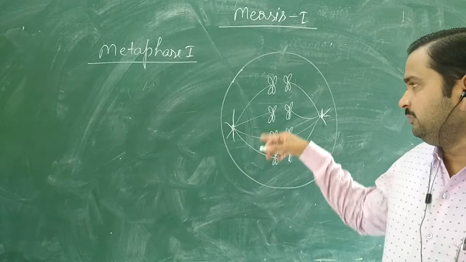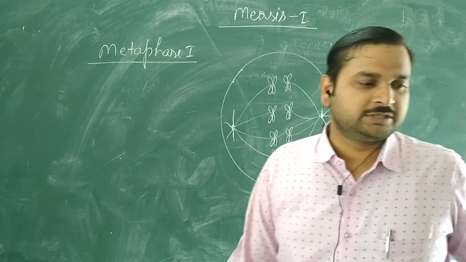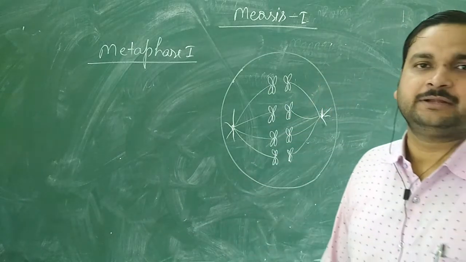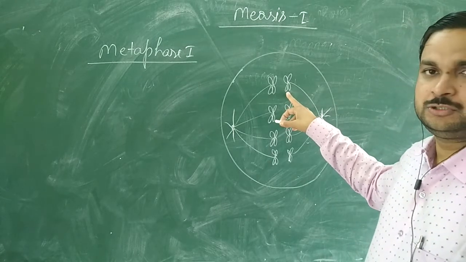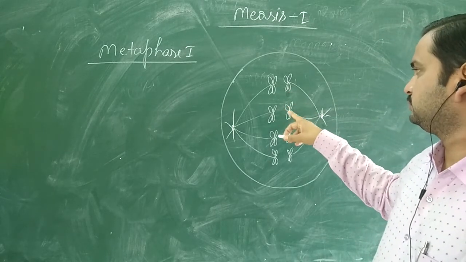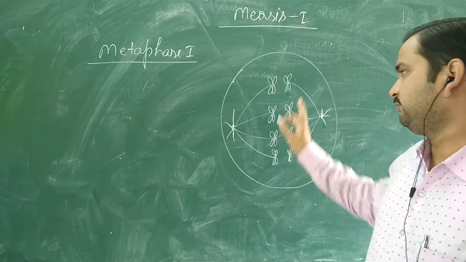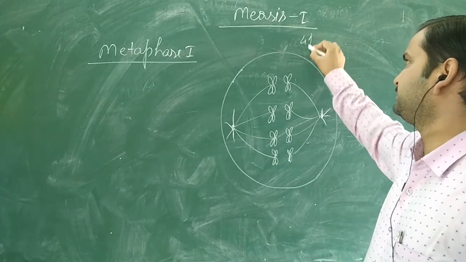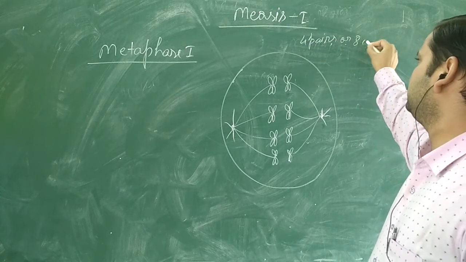If I ask you how many chromosomes are there in this condition, in the metaphase stage? You can see this is one chromosome, 2, 3, 4, and they are present in the form of pairs. Therefore, in total we can say 4 pairs or 8 chromosomes.